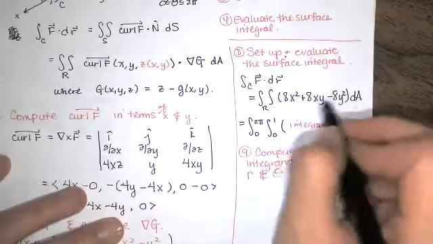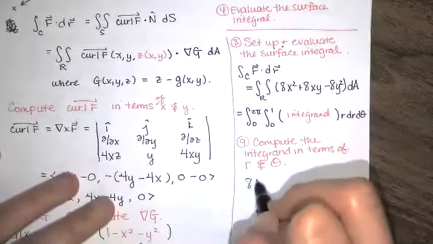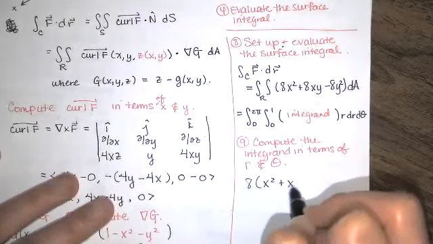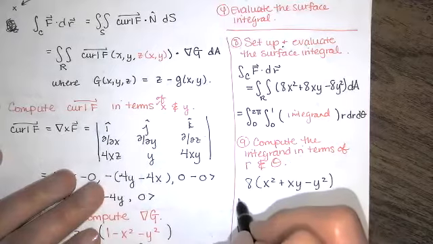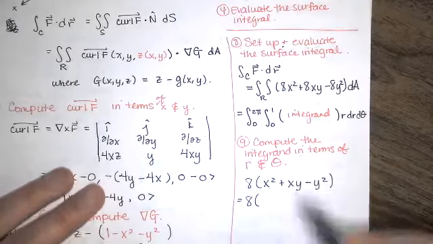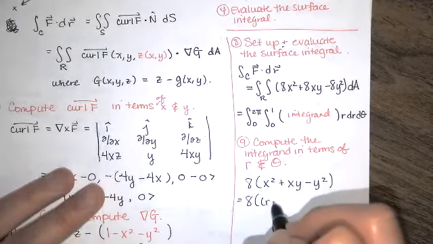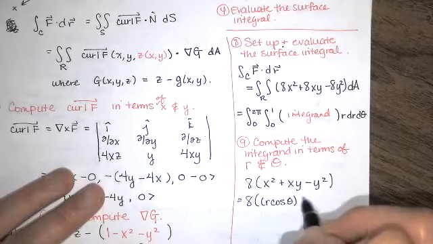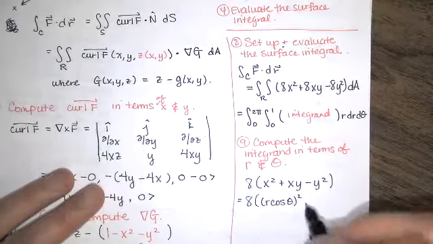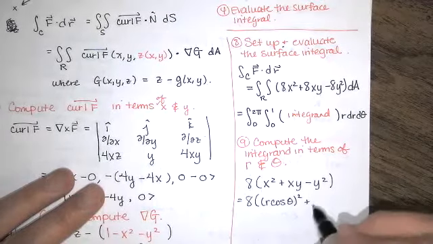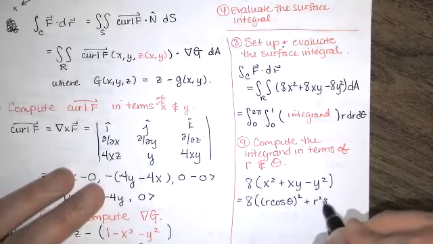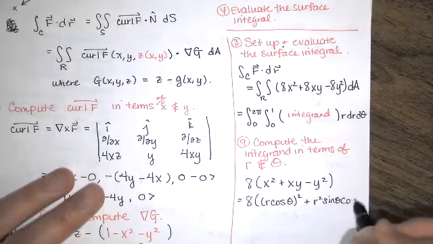So I've got a factor of 8 that I can factor out of everything. And x is r cosine theta. We're squaring it. And then we're adding x times y. So that's r cosine theta times r sine theta. So that'll be r squared sine theta cosine theta.